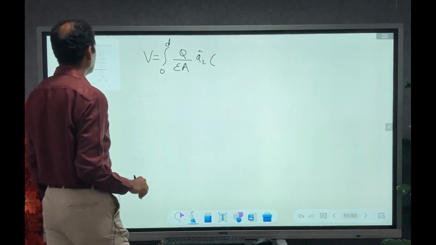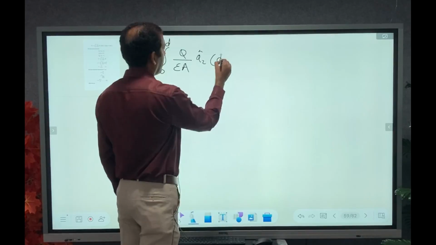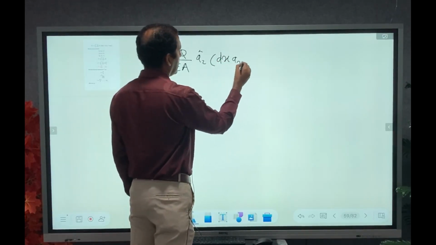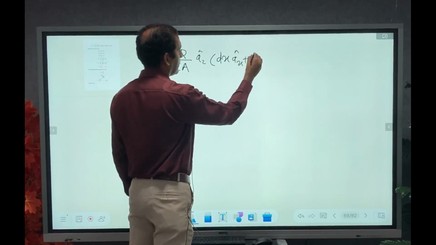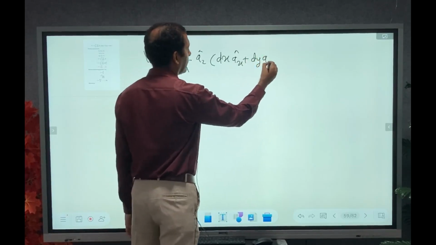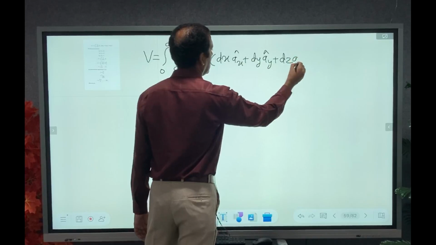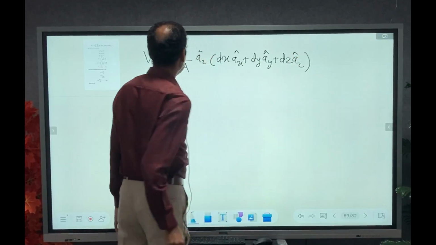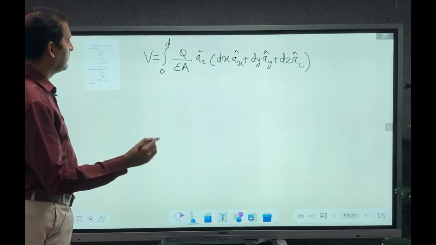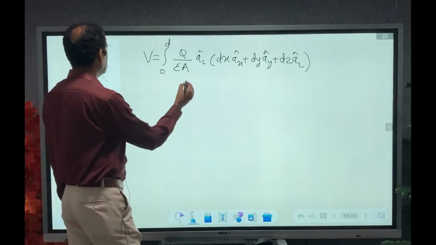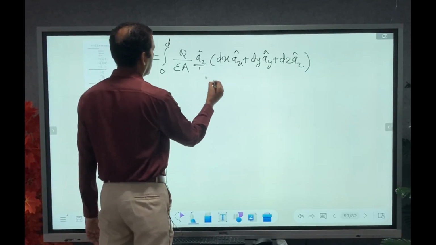Then we put all of them, say dx ax cap plus dy ay cap plus dz az cap. Now we take this direction and multiply it with all of them one by one.